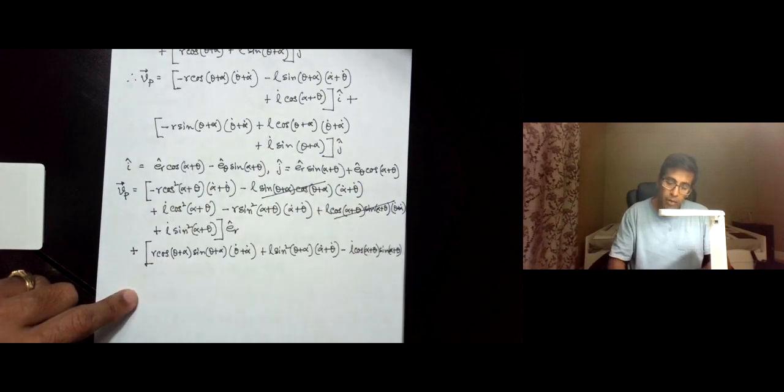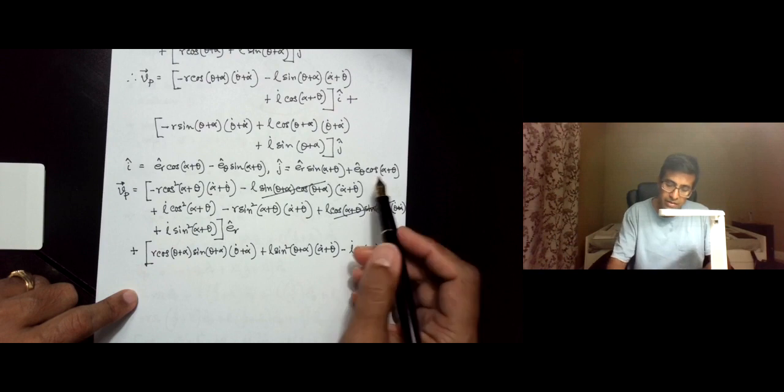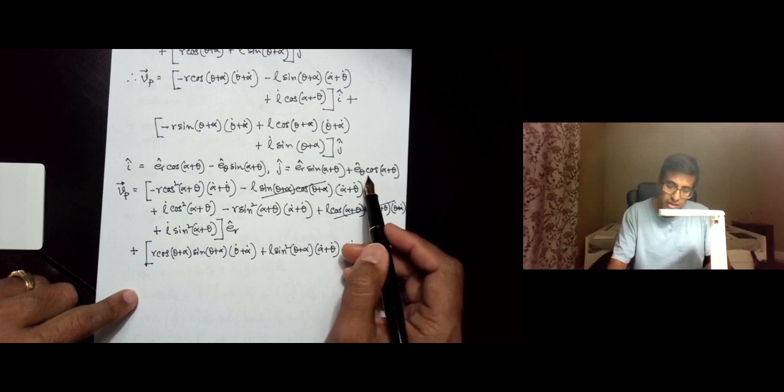Then we take the component along the j direction, and in order to identify the component in the theta direction, what we need to do is multiply all the terms, each of them, with cosine alpha plus theta, so plus cosine alpha plus theta.